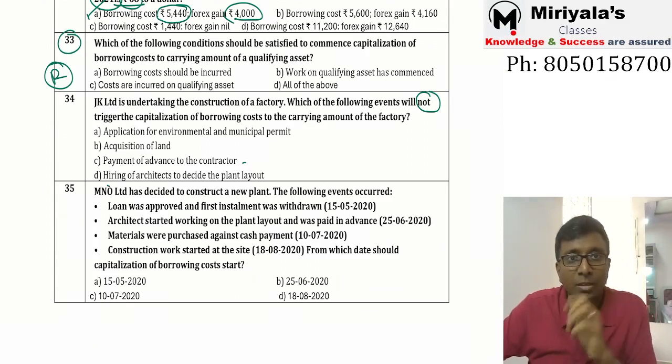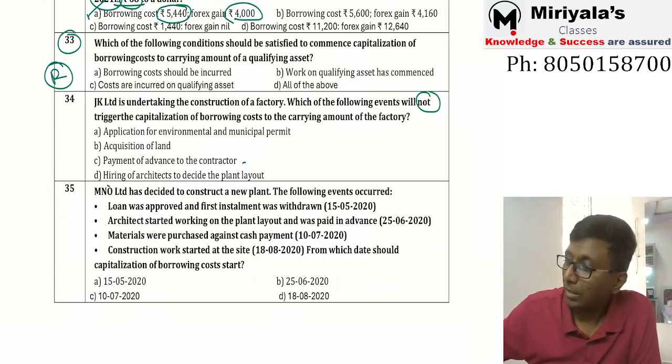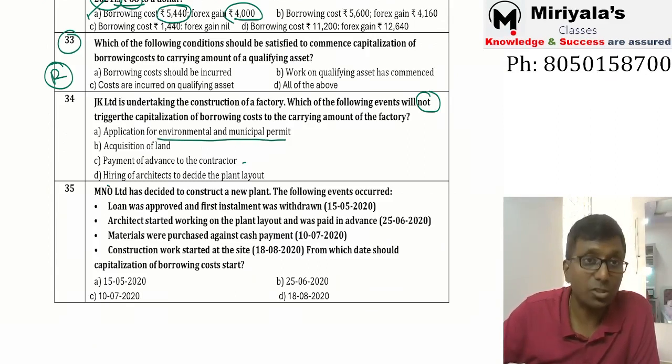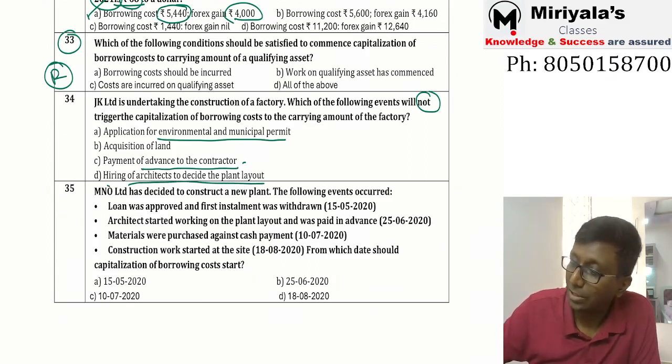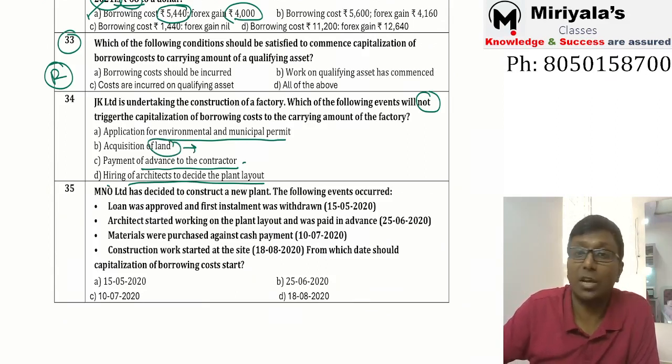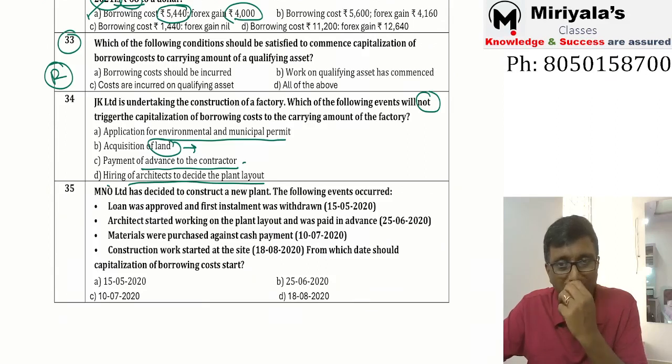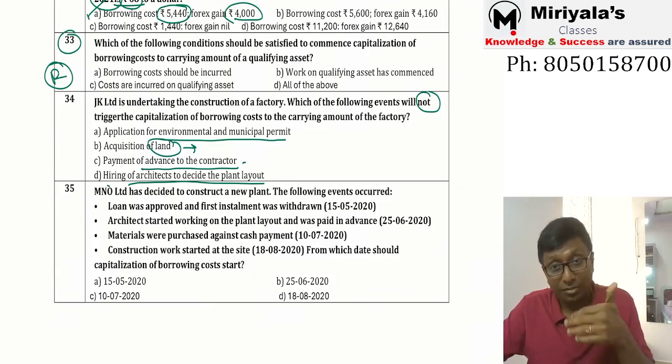See, you have started the work, environmental activity, something. This is an administration job. Payment to the contractor is also an administration part. Hiring the architect is all technical and administration activity related. Acquisition of land: land itself is not a qualifying asset, which I have discussed in the classroom. You are not going to capitalize unless land development is required.